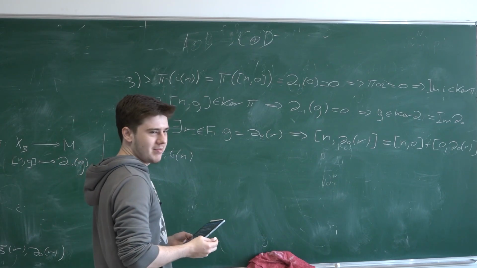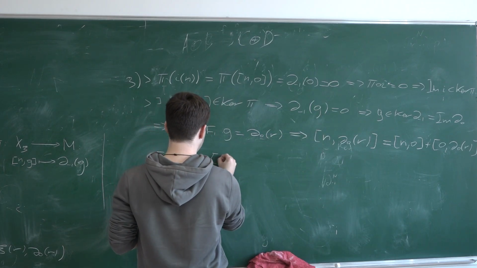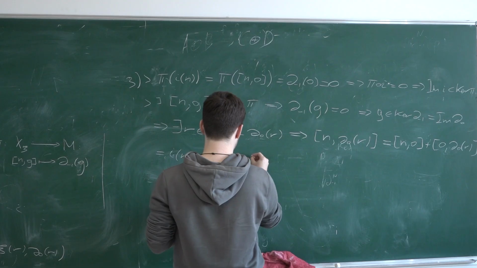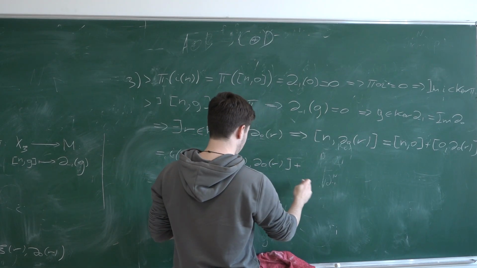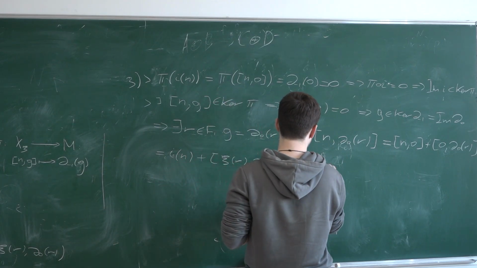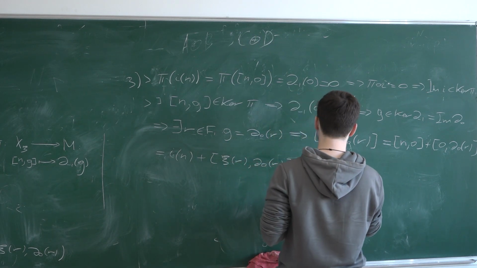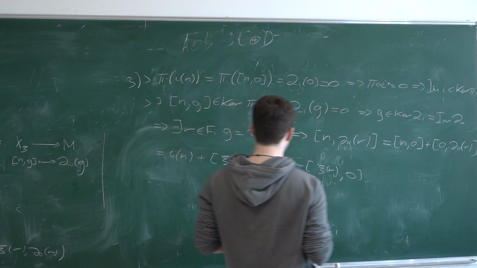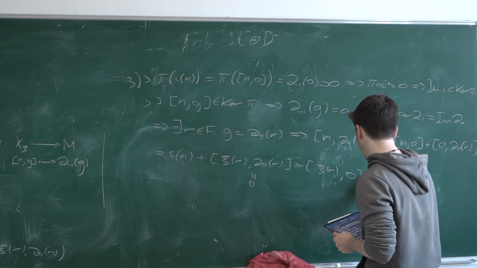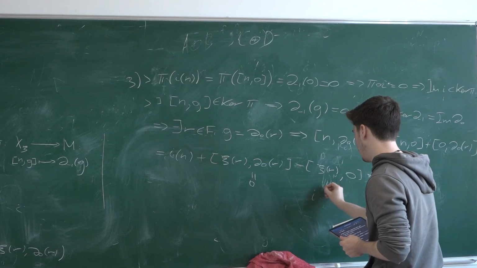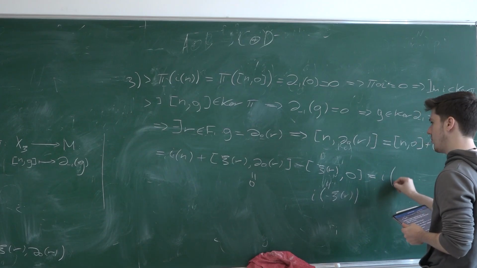If it's more intuitive, then let's do this. This is psi of r, 0 plus minus psi of r, 0. The middle term is 0, and so we obtain something from the image of minus psi of r, and so we land in the image.